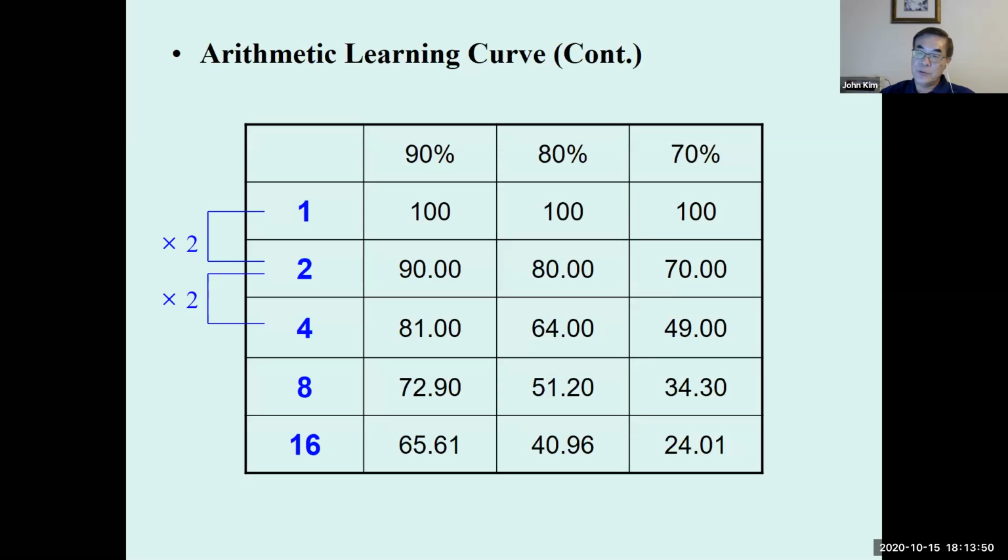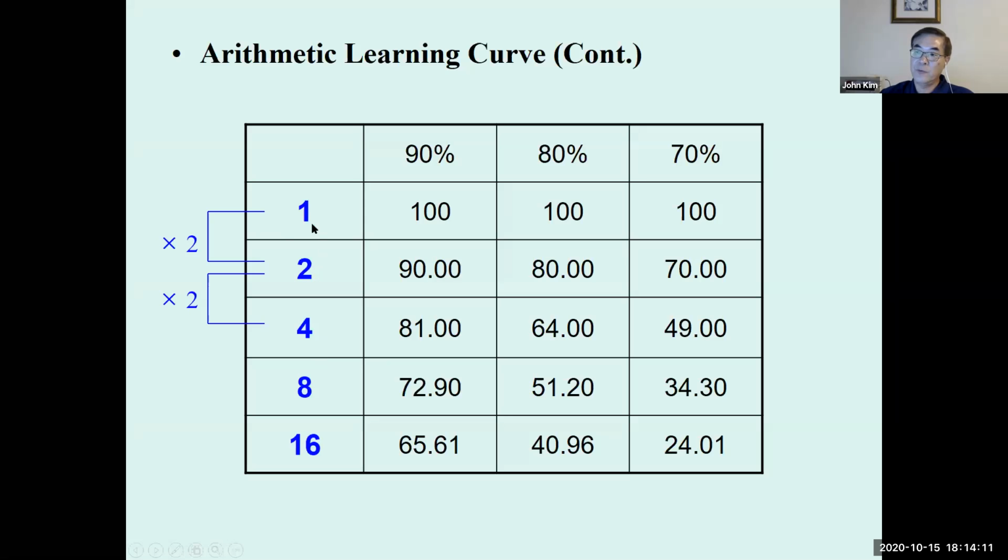If we use the arithmetic learning curve concept, even if we know the second one, we cannot get the third one. If we know 1.5, then we can get the third one when it's doubled. If we know the third one, then we can get the sixth.